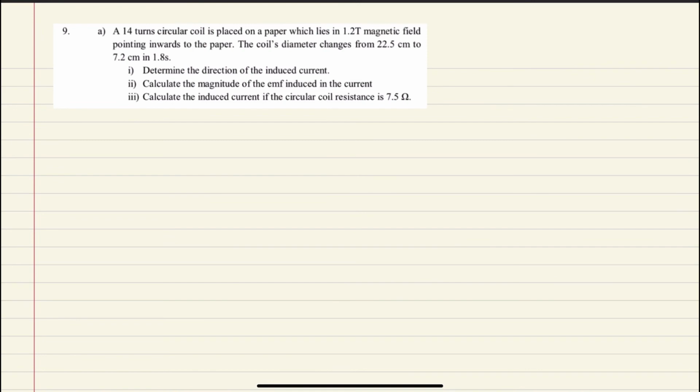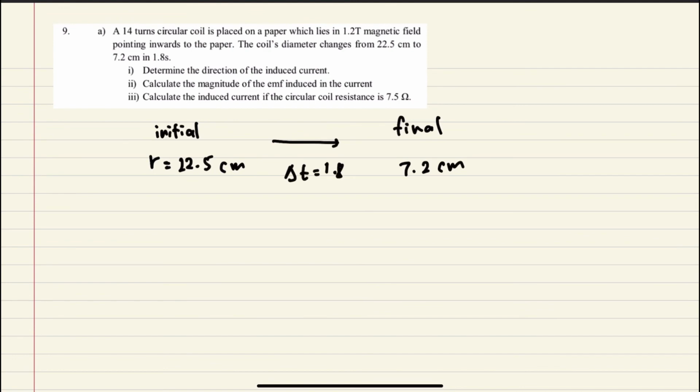So initially the diameter is 22.5 cm, final 7.2 cm. The time taken is 1.8 seconds. Okay, determine. And then the question says 14 turns, so N equals 14, B equals 1.2 Tesla.